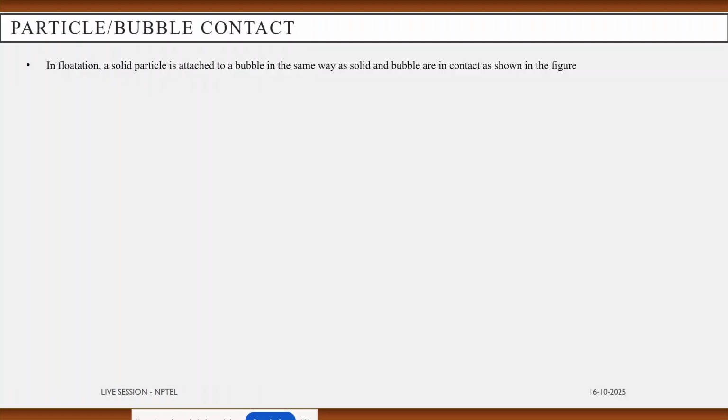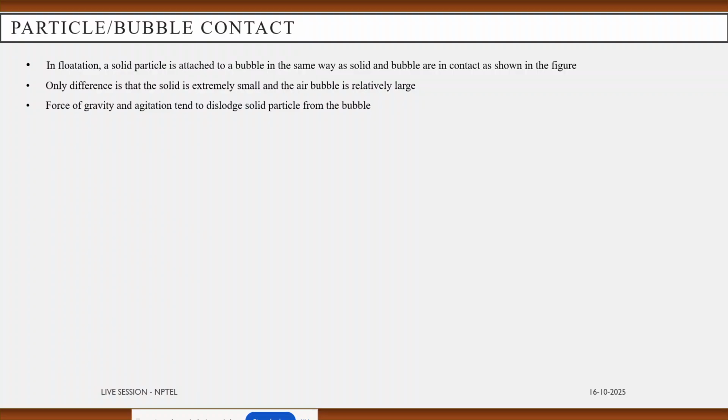So in the flotation process, a solid particle is attached to the bubble in the same way as the solid and bubble are in contact in the shown figure. The only difference is that the solid is extremely small and the air bubble is extremely large.